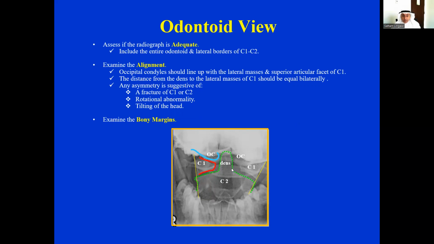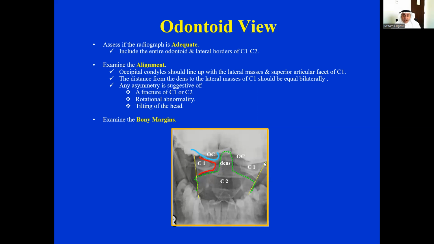The odontoid process or the dens and the lateral dental spaces, which are between the dens and the lateral masses of C1 on either side. The uneven measurement here is most likely due to a rotation during the examination itself, but it may indicate injury or trauma, or even more importantly, fractures in the right clinical setting.